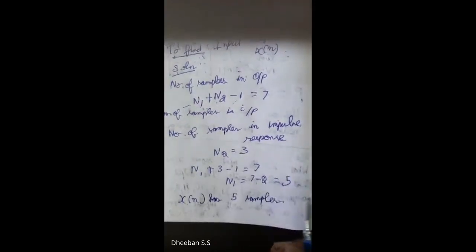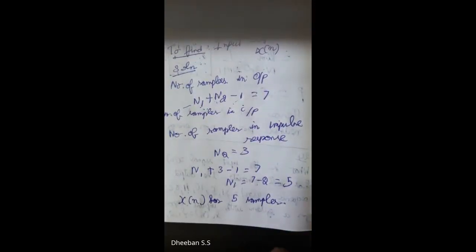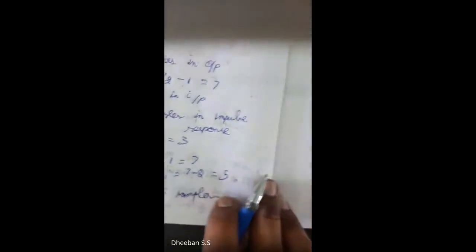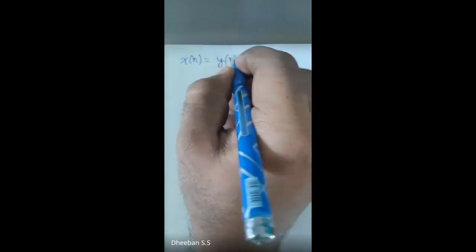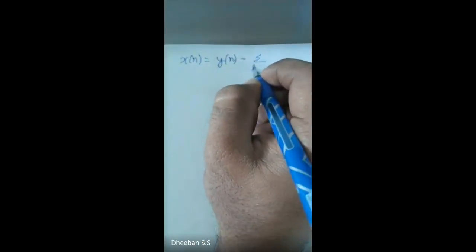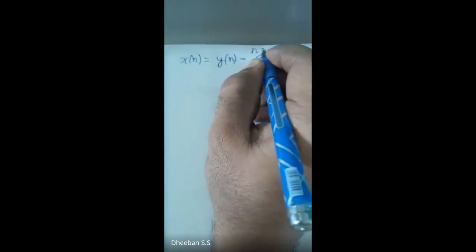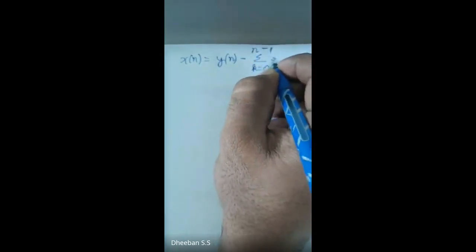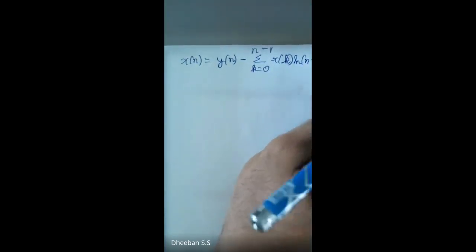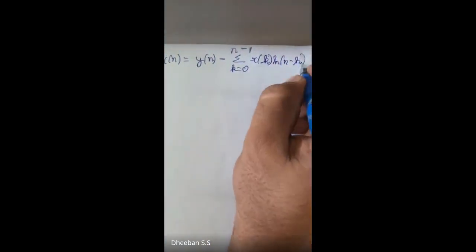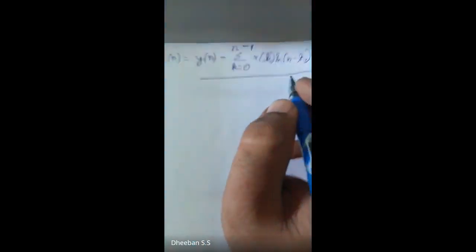So next you have to find the elements in your x of n, the samples in x of n. For that there's a formula. So take it down. x of n equal to y of n minus summation k equal to 0 to n minus 1 of x of k into h of n minus k, the whole divided by h of 0.